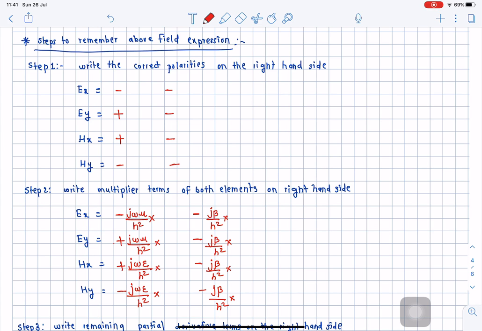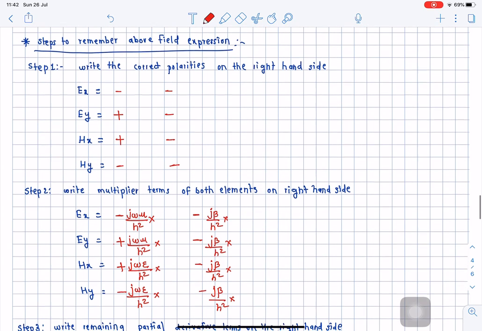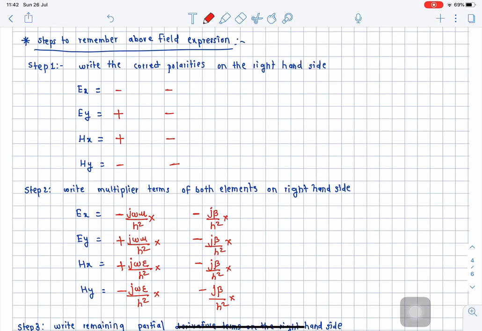Again I will repeat, the whole derivation is not at all required from your side, but you should be able to write the equations for all these 4 transverse components. And I have shown you a shortcut method towards the last part. So I request you to go with the second method and remember these equations with the second method which I have shown you.